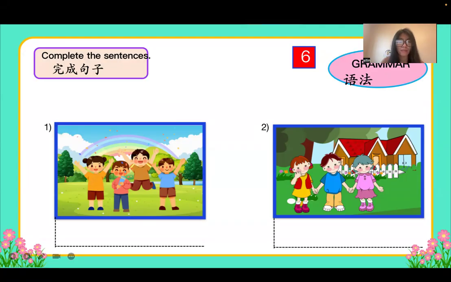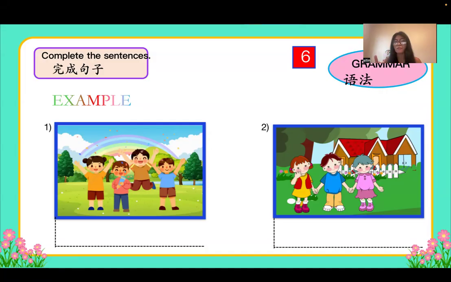Number 1, look at the picture and tell me, how many good friends do you have? Answer me in Chinese. Think about that. So, 1, 2, 3, 4. 4. So how to say the sentence?